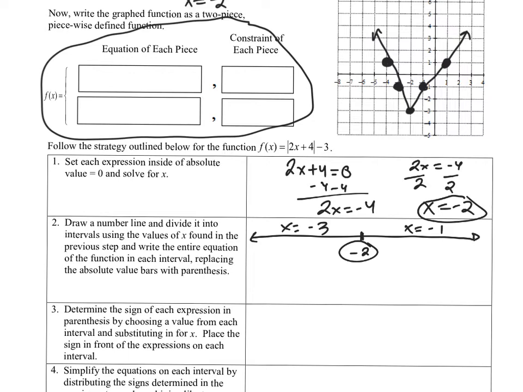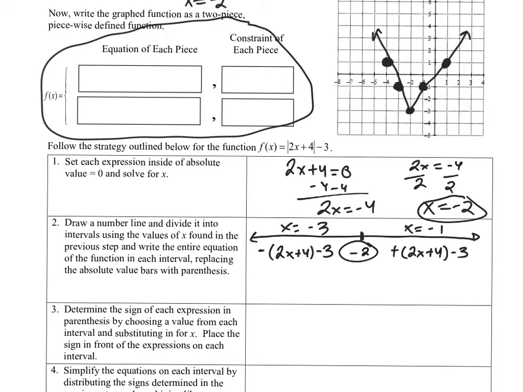So on the left side, we're going to have a negative, okay? And then we're going to drop the absolute value bars and use parentheses. So we're going to have -(2x + 4) - 3 on the left side. And then we'll have positive (2x + 4) - 3, okay? And then we just solve.